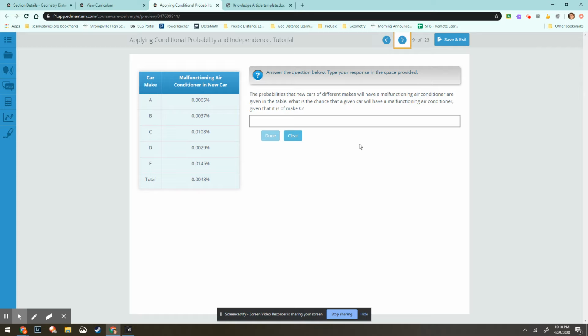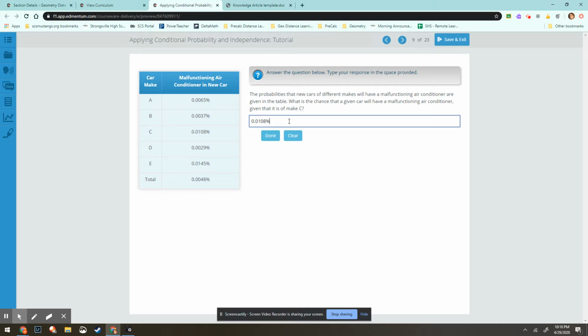So here, the probabilities that new cars of different makes will have a malfunction in the air conditioner are given in the table. What is the chance that a given car will have a malfunctioning air conditioner given that it is of make C? So that means we're only going to look at that column, or that's a row, I guess. So it'll be 0.0108.